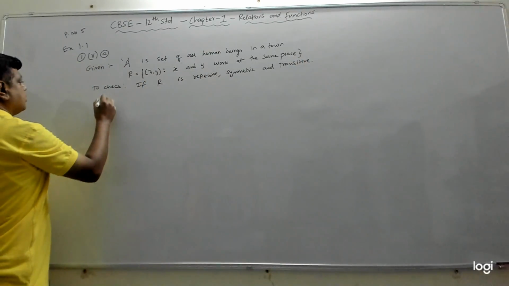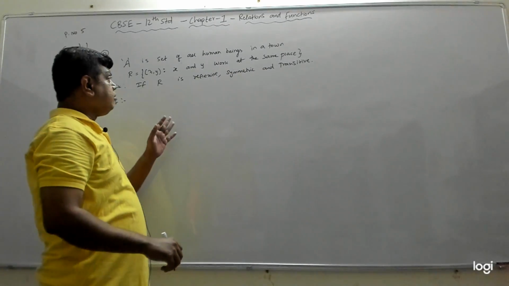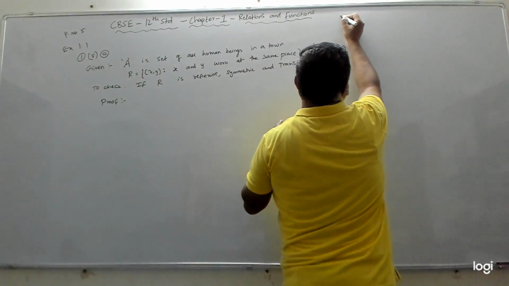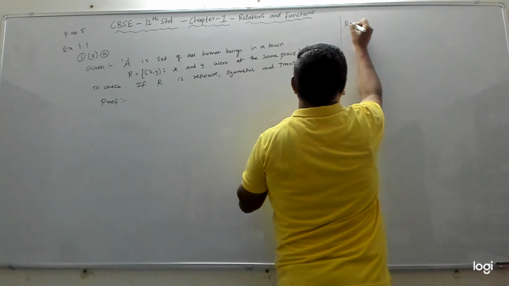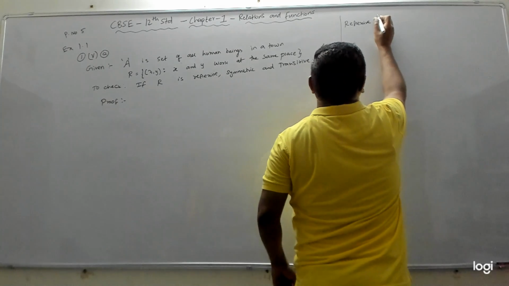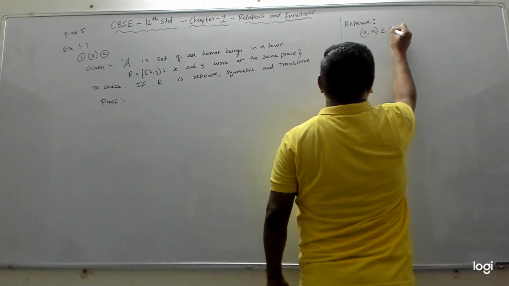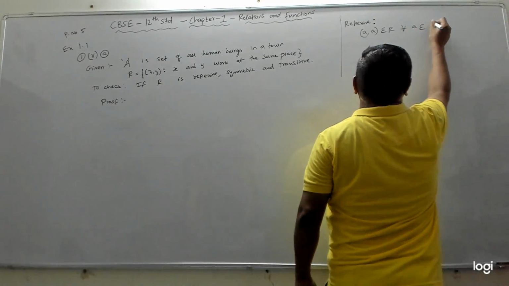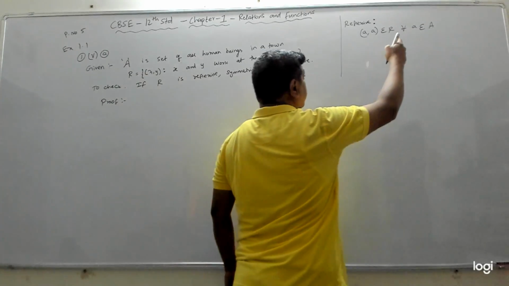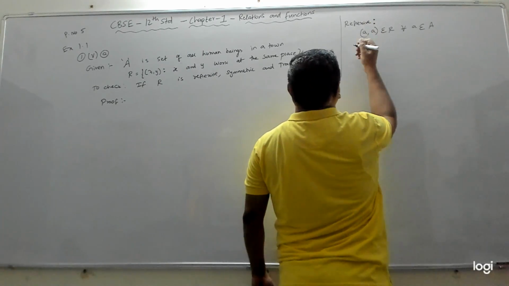So the proof is we will have to check whether it is reflexive, symmetric or transitive. But here, I'll write the definition of reflexive, symmetric and transitive. Definition of reflexive is we should have A comma A belonging to R for every A belonging to the set A. This means any element that I take from A, the ordered pair A comma A should be in R, which means A should be related to itself.